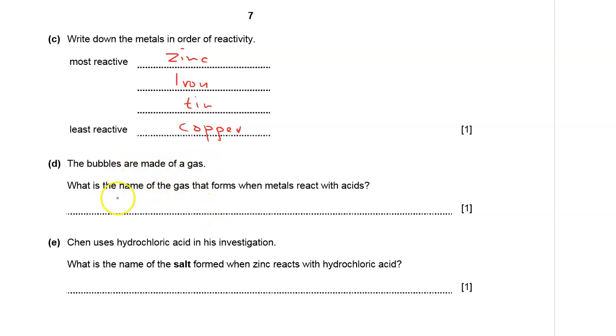Part D. Bubbles are made of gas. What is the name of the gas that forms when metals react with acids? That gas is called hydrogen.